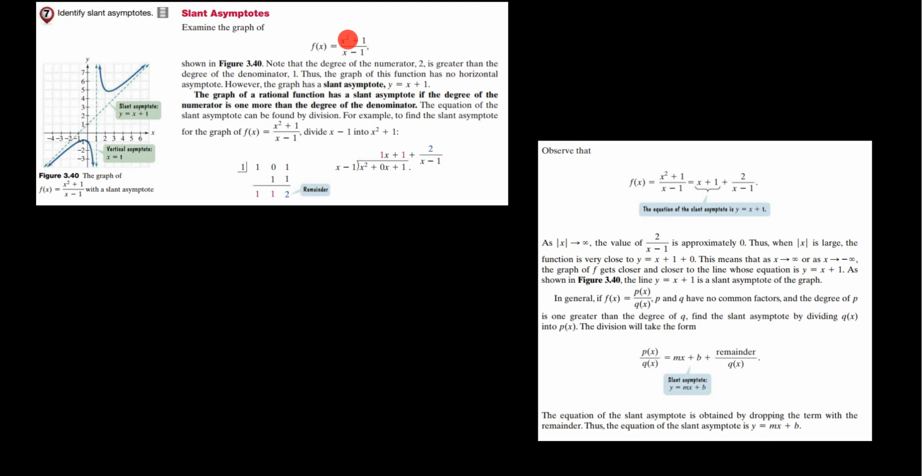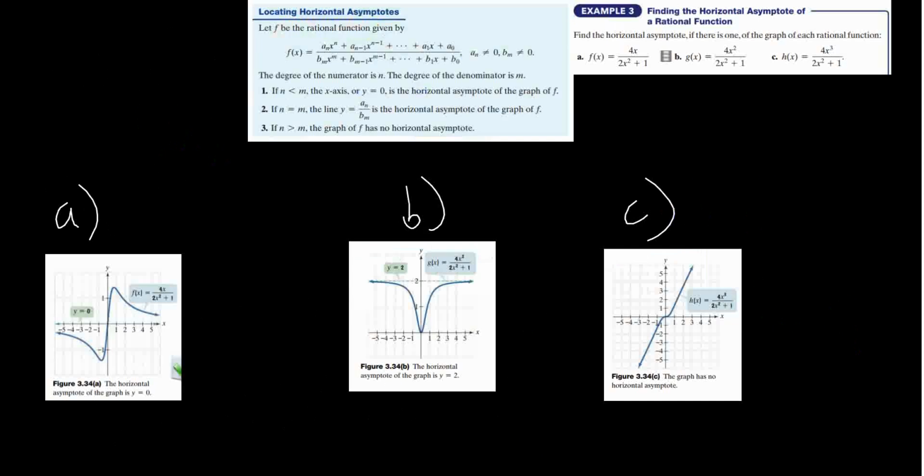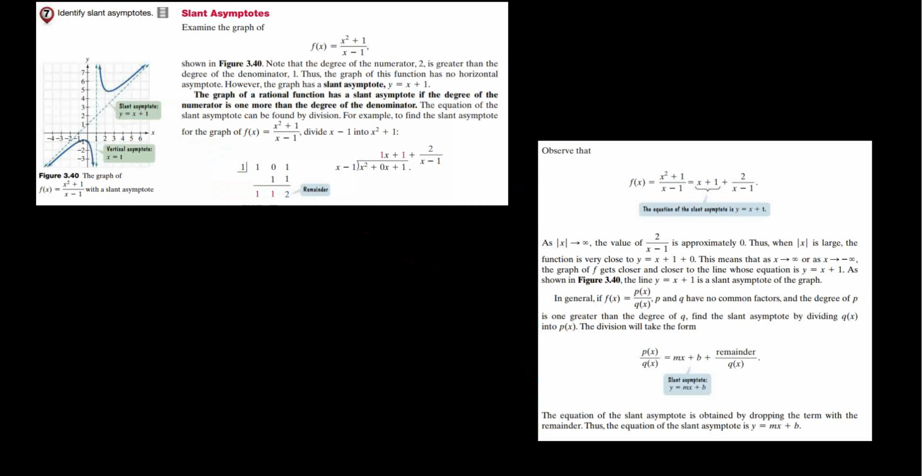Notice how the degree of the numerator is larger than the degree of the denominator. Way back, we said that if the degree of the numerator is greater than the degree of the denominator, then we have no horizontal asymptote. Well, we have no horizontal asymptote, but we do have a slanted one. That's what this means right here. We have a slanted asymptote.